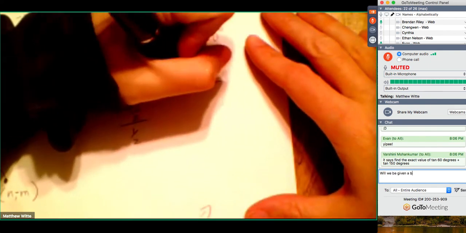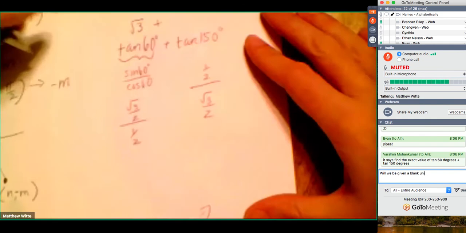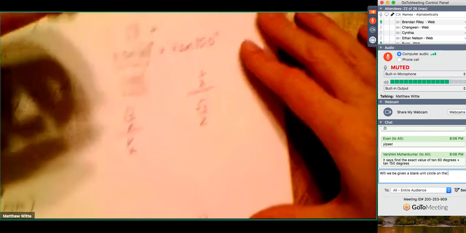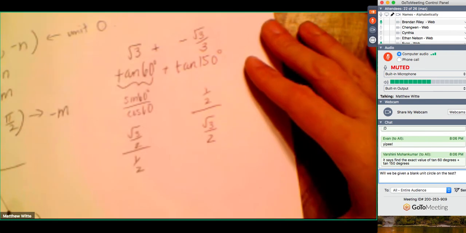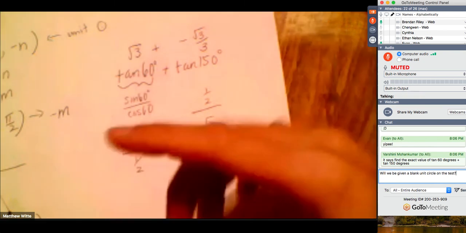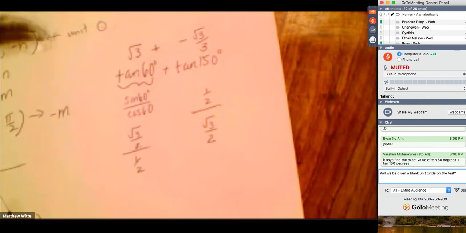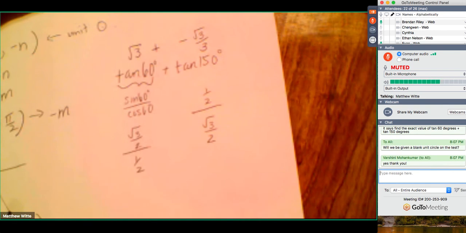So 1/2 over the square root of 3 over 2. So we get square root of 3 over 3. And because you're in the second quadrant, I think it's negative. Is that okay, Varshini? Students, yeah, tangent's negative there. Let me know if it's not okay.